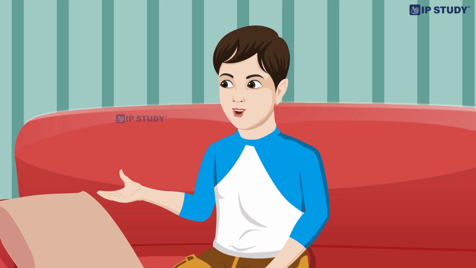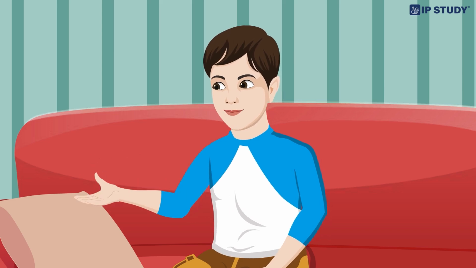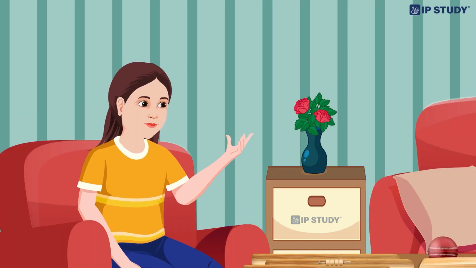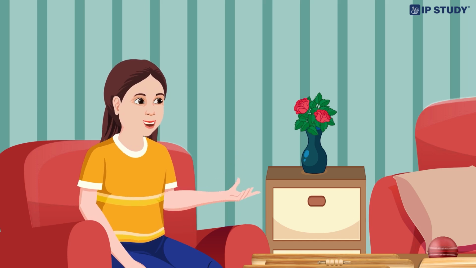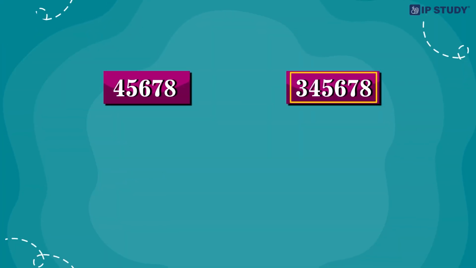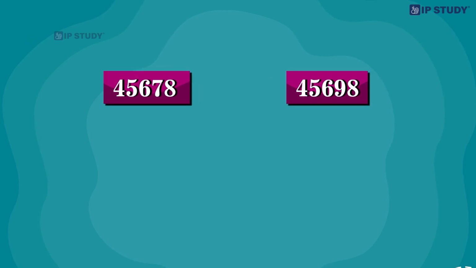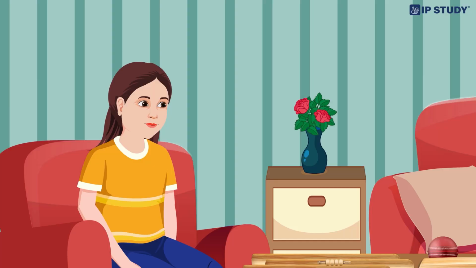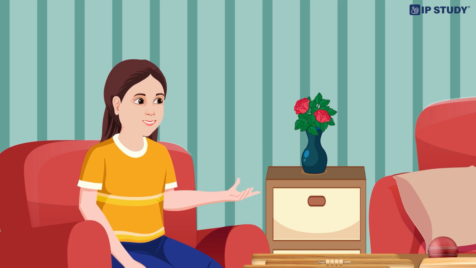Got it. Can you explain how to compare numbers? Sure. To compare numbers, first check the number of digits. The number with more digits is always greater. If the numbers have the same number of digits, compare the digits from the leftmost place one by one. The number with the greater digit at the first point of difference is the greater number.